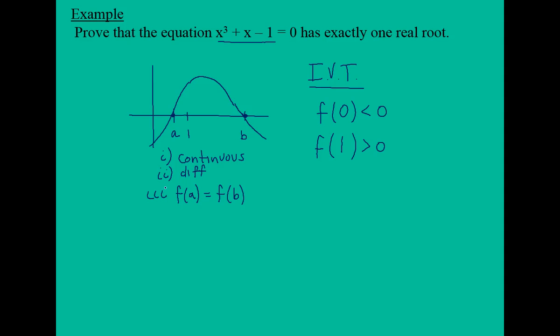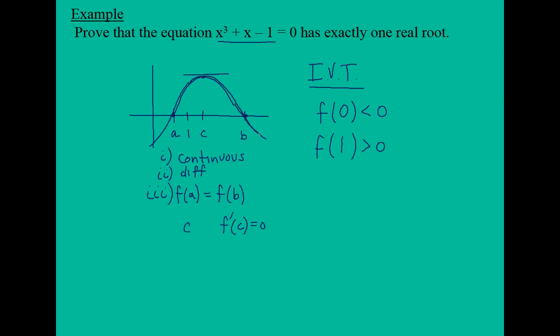So if it does cross the x-axis again, there should be some value c such that f prime of c equals 0. So that would be right in here. So this graph would have to go up, come back down like this to cross the x-axis again, or have another x-intercept.